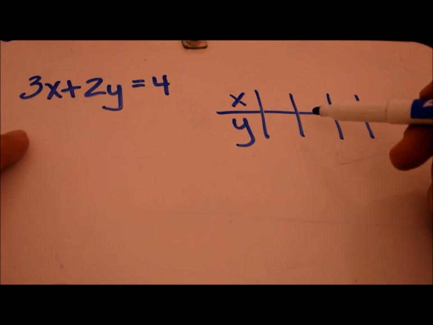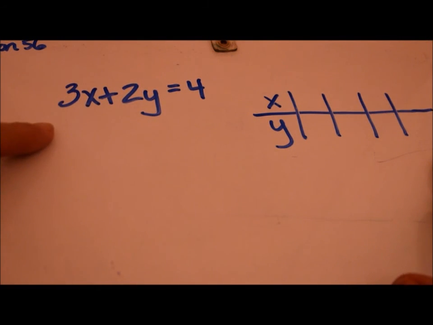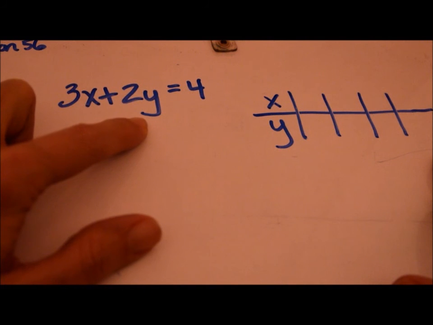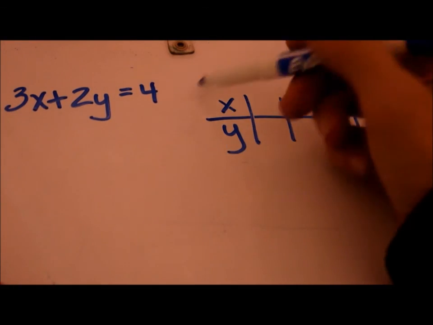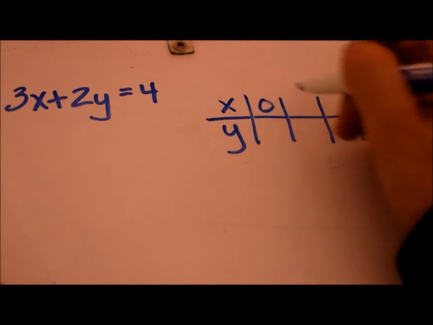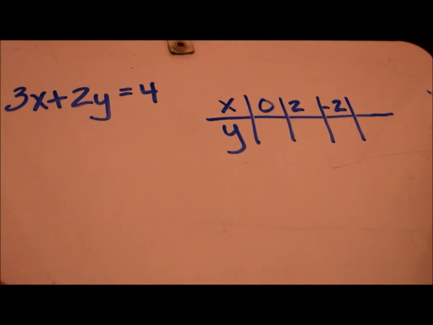However, first, with this equation, it would be good to isolate y by getting y by itself. The reason we want to do that is it'll be more convenient to do the table. Remember how we did this? We said, okay, how about 0, 2, and -2 are always good ones to try.